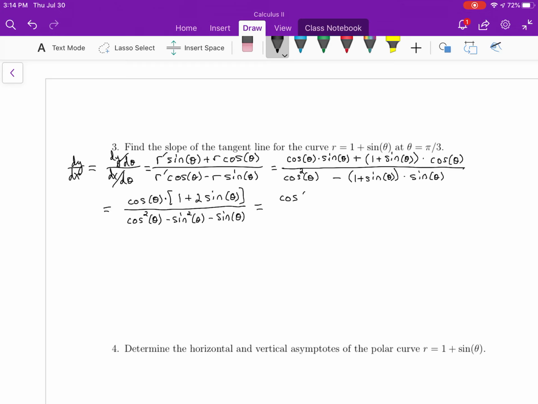If we make that change on the top, we still have cosine of theta times 1 plus 2 sine theta. On the bottom, 1 minus sine squared in for cosine squared is going to give us 1 minus 2 sine squares minus a sine of theta.